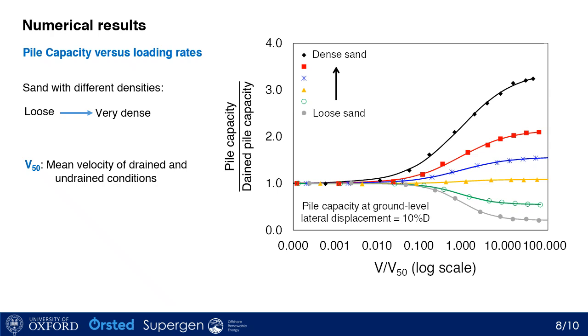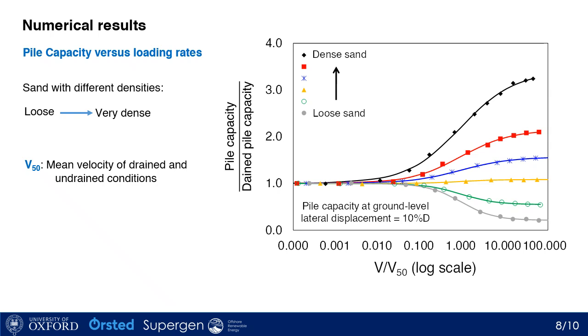Now let's combine the results into one graph, which is a very useful graph for design practice. This is the variation of pile capacity against loading rate for sands with different densities from loose to dense. Pile capacity is normalized with the drained capacity, and the loading rate is normalized with the mean velocity of drained and undrained condition.